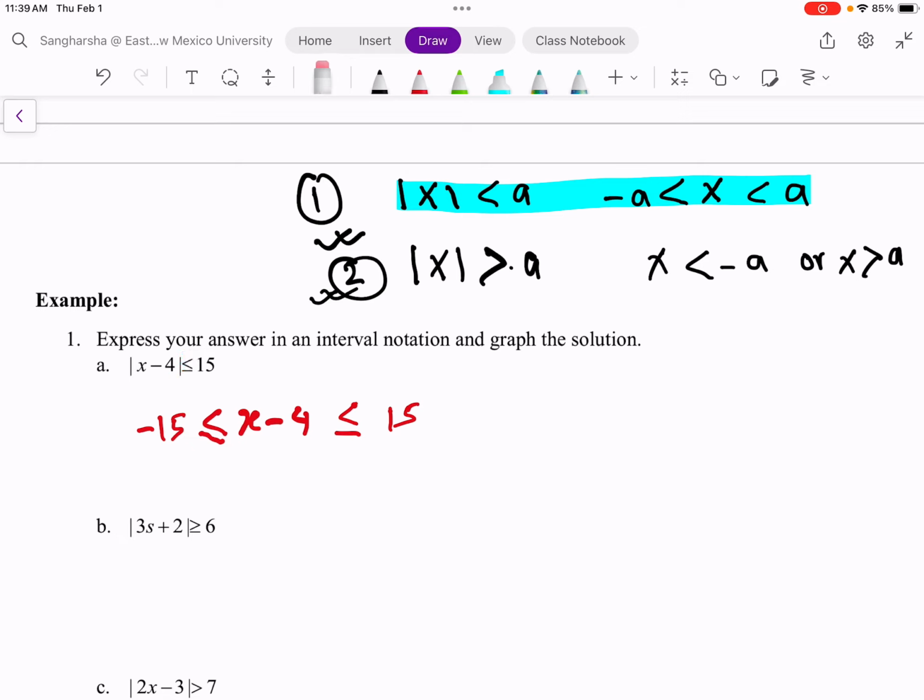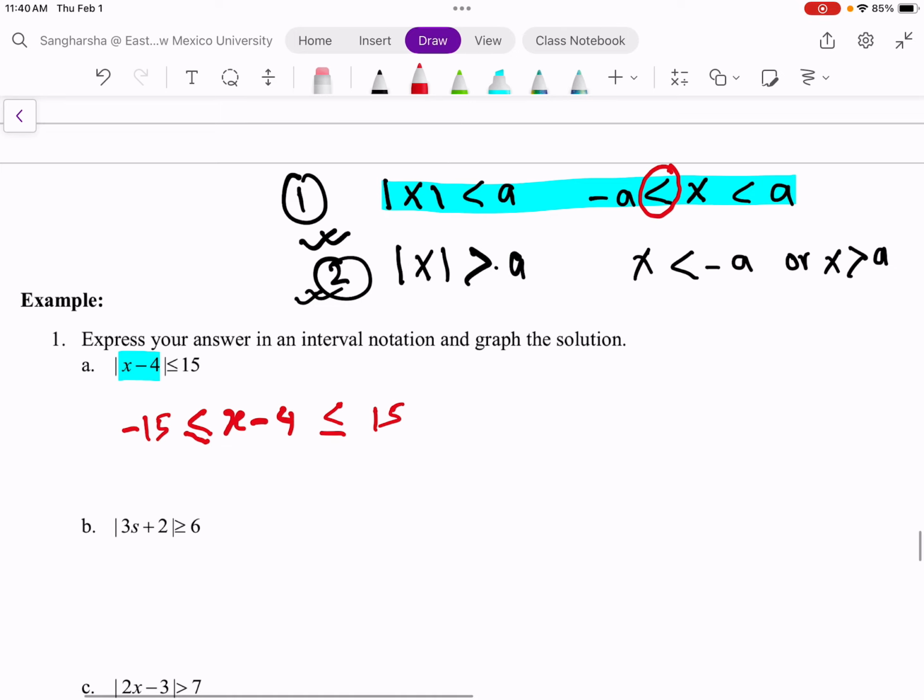Do not change the inequality. We have less than equals to, so you're gonna have equals to every time. And from the definition, you're gonna have x minus 4 greater than or equal to negative 15, and less than or equal to positive 15.